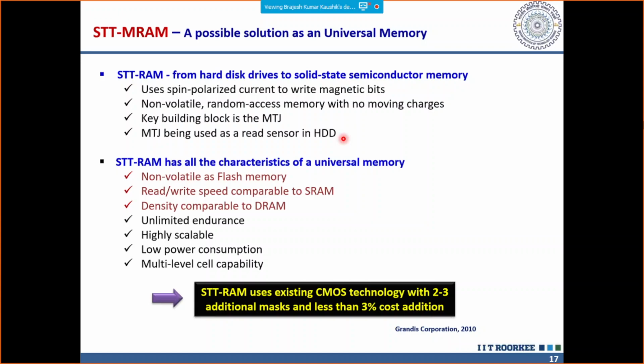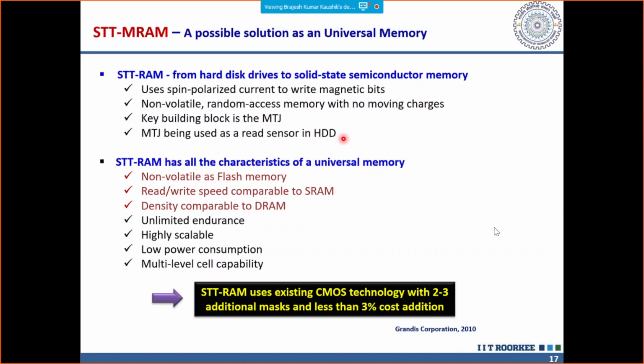Other than this, STT-RAM has low power consumption. It has multi-level cell capability also, and that is where STT-RAM has been doing really well. Once it has multi-level cell capability, you can store 2 bits of information using a single transistor, and that is where our group has been focusing a lot for almost a decade now.